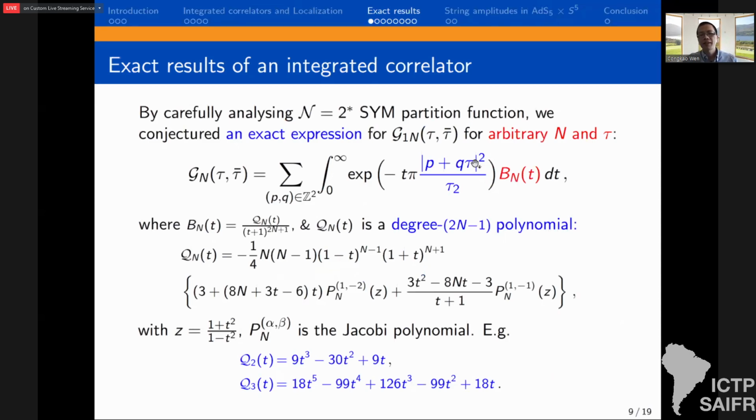In some sense, all the non-trivial information is contained in this rational function, which I call B_N(t). B_N(t) takes this form, and the numerator, which I call Q_N, is a degree 2N-1 polynomial. Its explicit form may not be so important, but for SU(2) it's given here, and for SU(3) it takes this form. You may notice it's a symmetric polynomial.